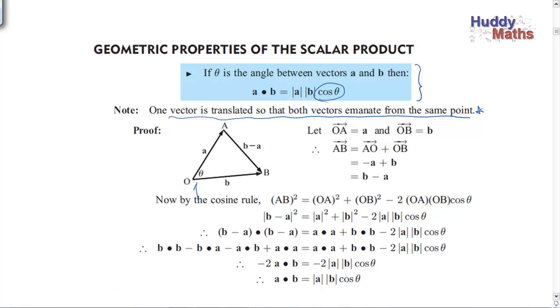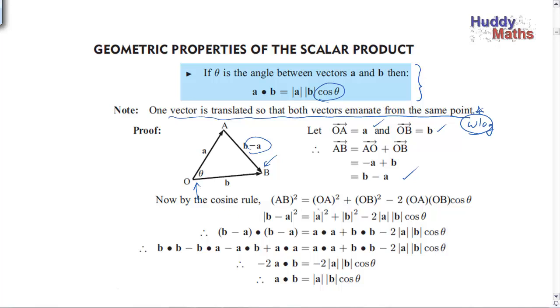And let's call that point the origin, if you like. So that's without loss of generality. We can actually move them around, and then you wouldn't lose the general nature of the result. So here it is, OA is A, OB is B. Oh, they've done the other one now, going the opposite way, B take A, because of the sum of vectors around a closed figure.